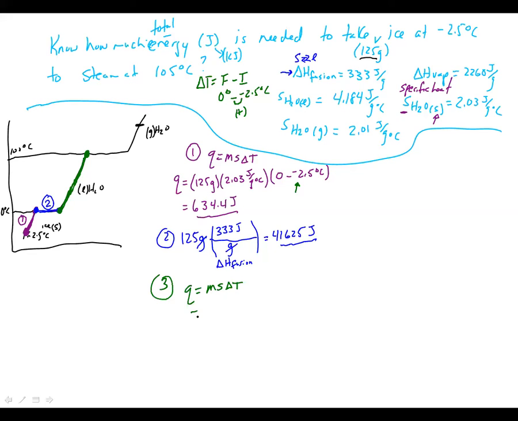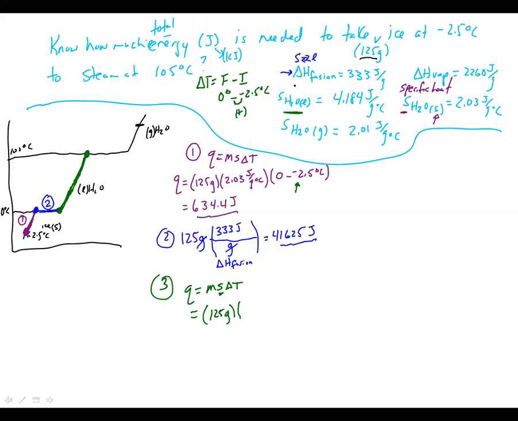We still have 125 grams of that ice we started with. Now, the important part here is actually s. The specific heat capacity at this point is no longer the 2 number because we have now transitioned into liquid water.